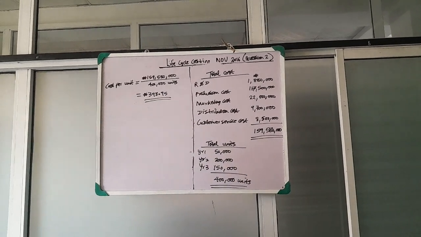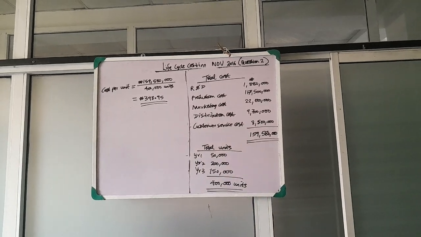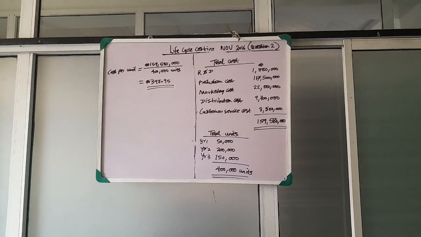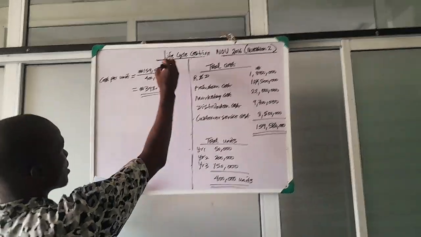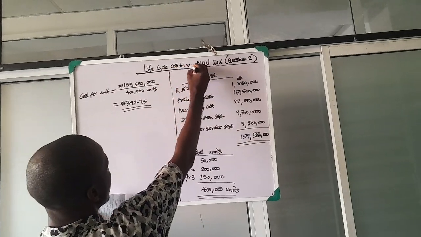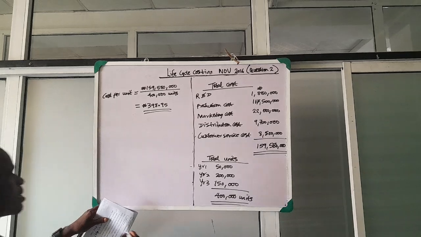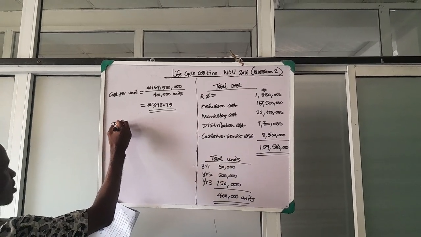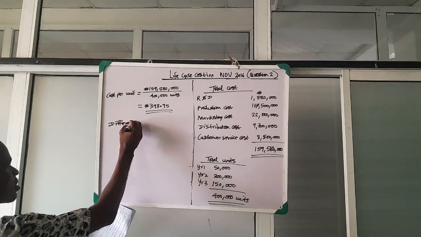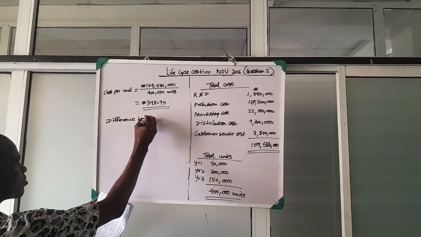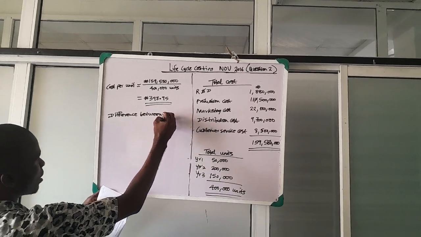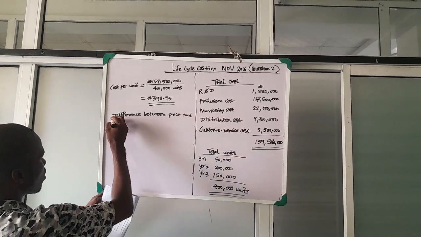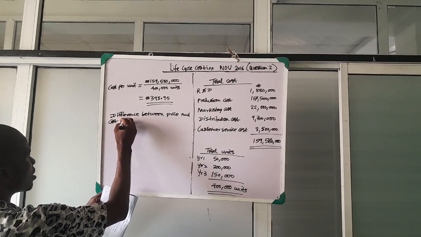Now that we have gotten the cost per unit, they went further to say calculate the cost per unit over the whole life cycle and comment on the price to be charged. Now their prices, we need to check the disparity on prices and the costs. So we'll have the difference between price and cost per unit.